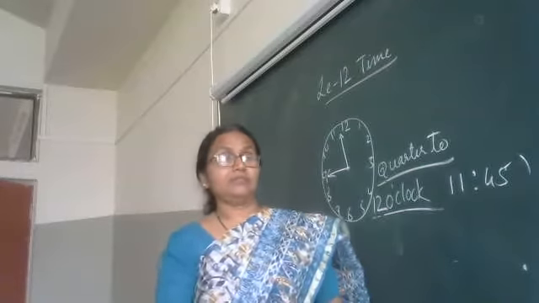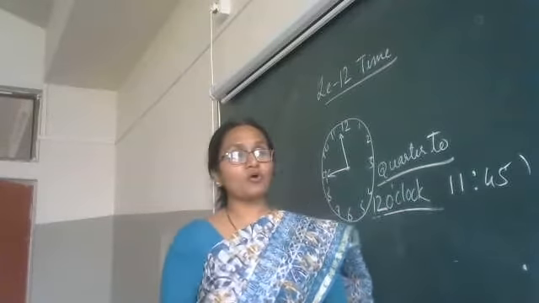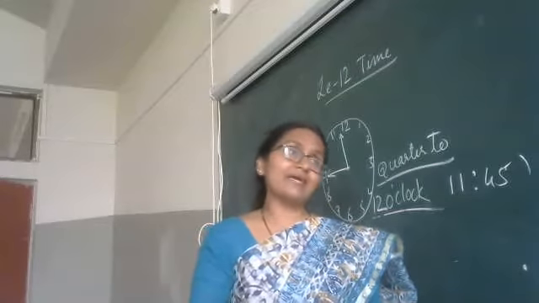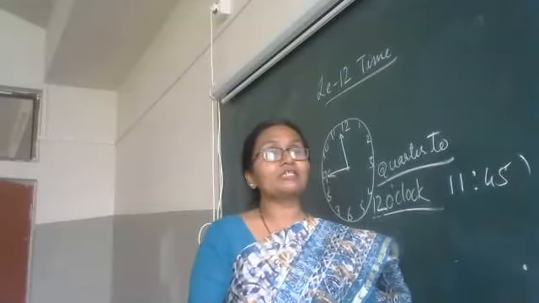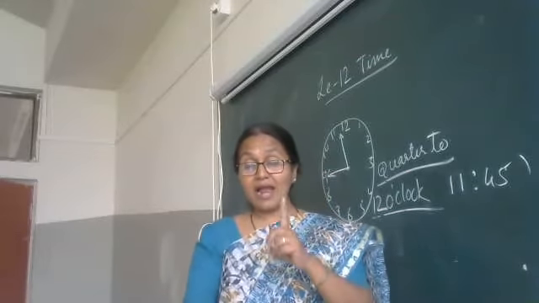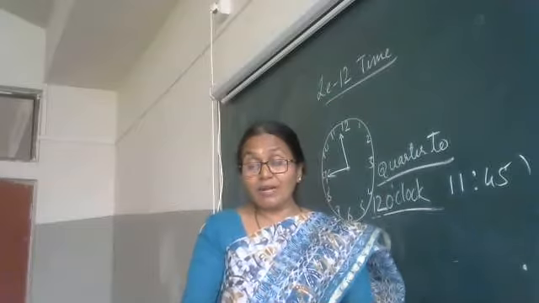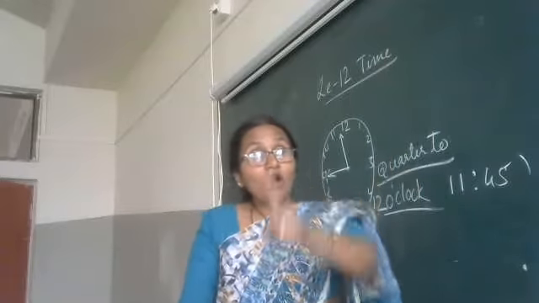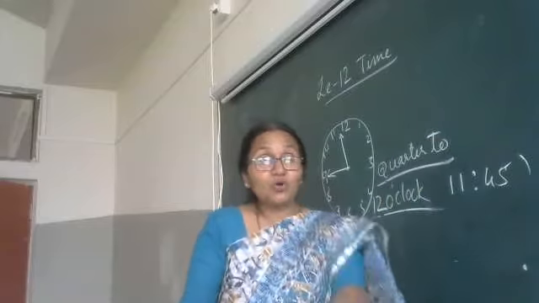Now in your book, they have given AM and PM. We know that there are 24 hours in a day, and the hour hand takes 2 rounds of the clock, 12 to 12, and again 12 to 12.